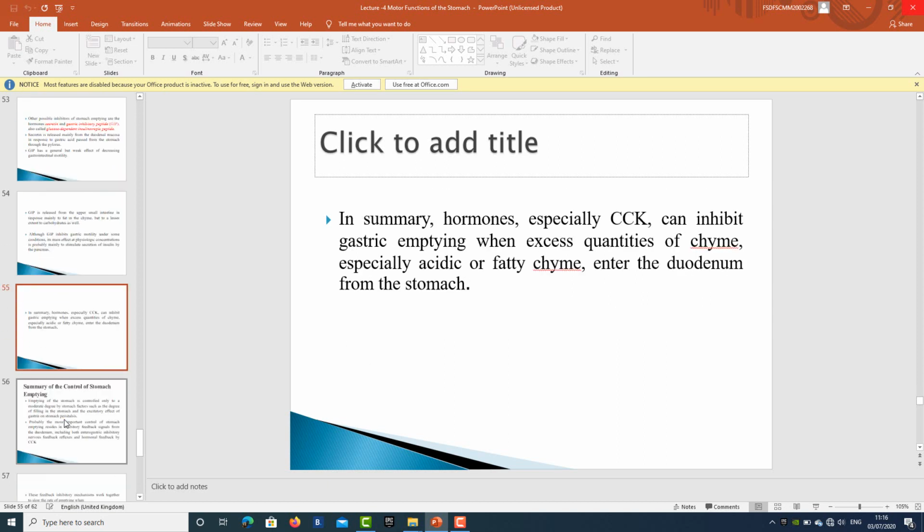In summary, hormones, especially CCK, can inhibit gastric emptying when excess quantities of chyme, especially acidic or fatty chyme, enter the duodenum from the stomach.